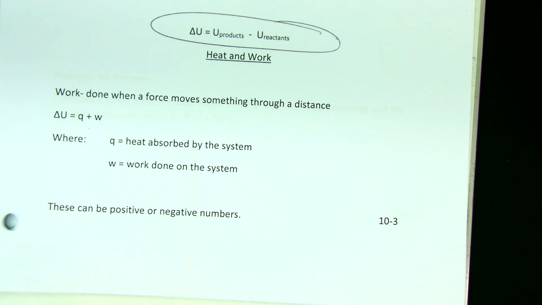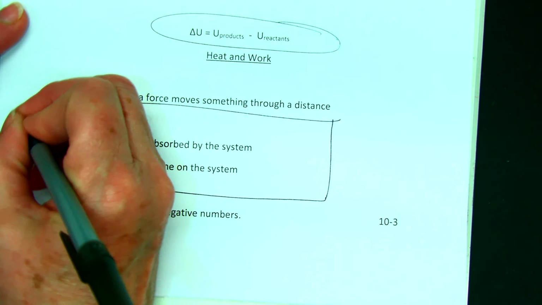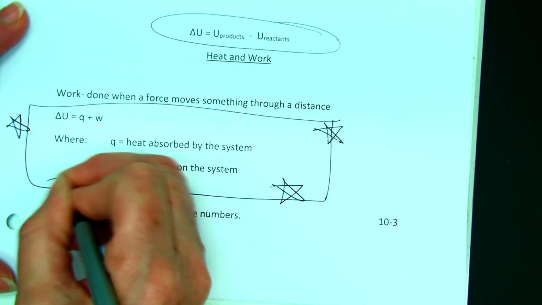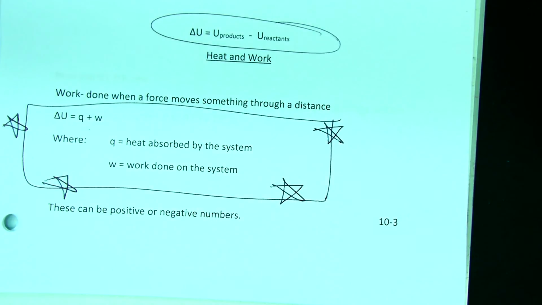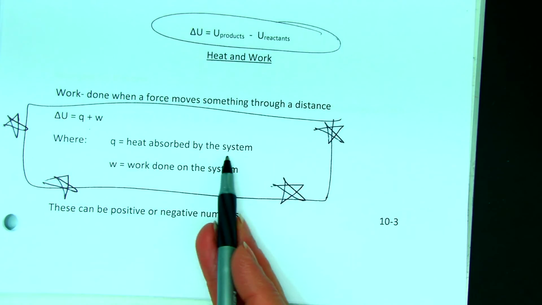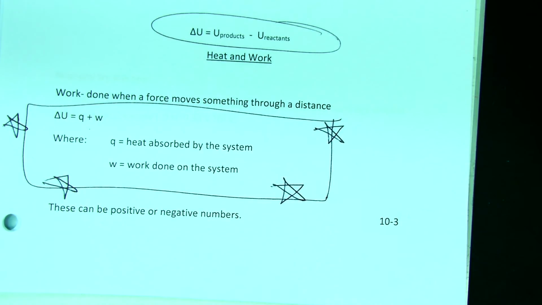Now, this section is very, very important when you describe these numbers because you have to know these definitions. When we talk about the definitions, Q is the heat absorbed by the system, and W is the work that's done on the system.